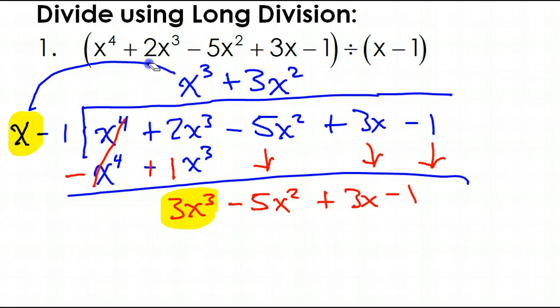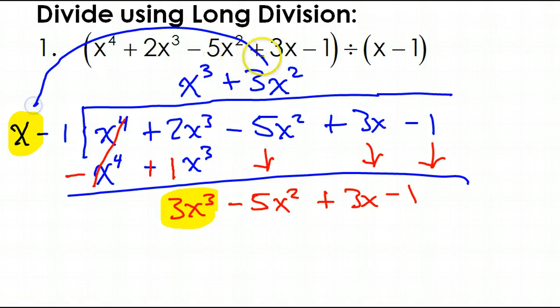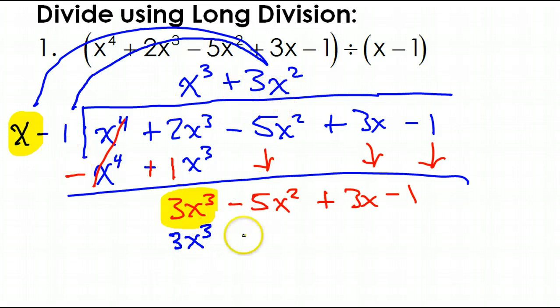Once I have the term that goes up here, I will take it and I will distribute with it. So 3x squared times x is going to give me 3x to the 3rd power. 3x squared times negative 1 is negative 3x squared.